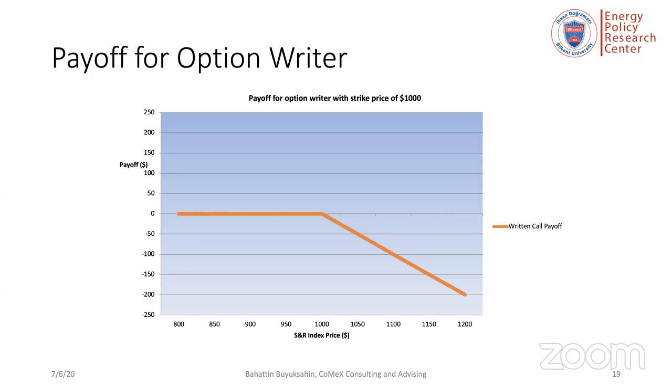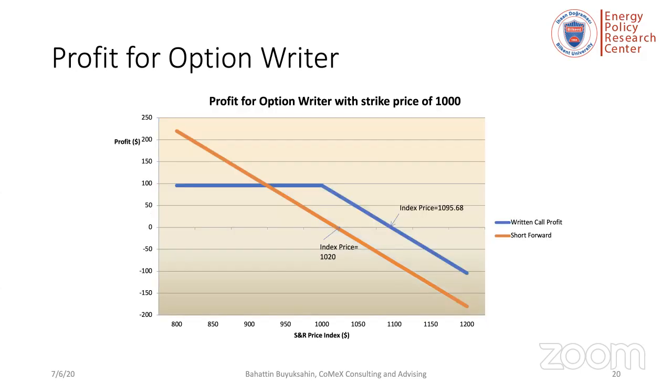It is better for the option buyer to buy the index at the lower market price than the strike price. However, as price passes the strike price, the option buyer exercises his right, and the option writer is obliged to fulfill the agreement. The payoff for the option writer is the mirror image of the buyer's payoff.